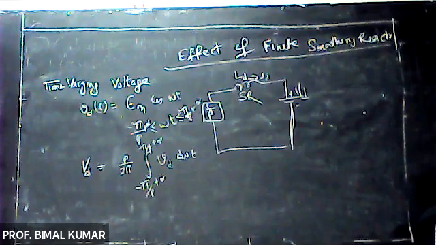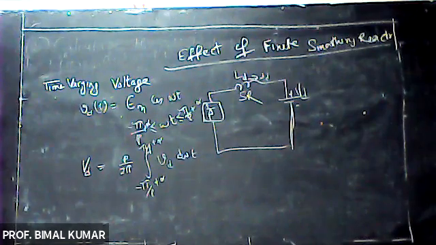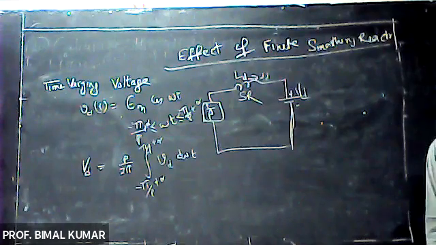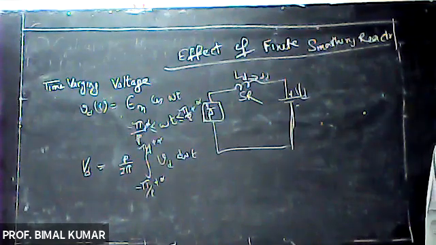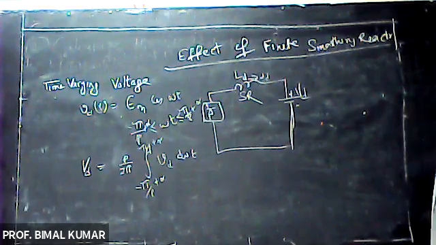So if you substitute the value VD equal to Em cos omega t, then the value of VD may be calculated.